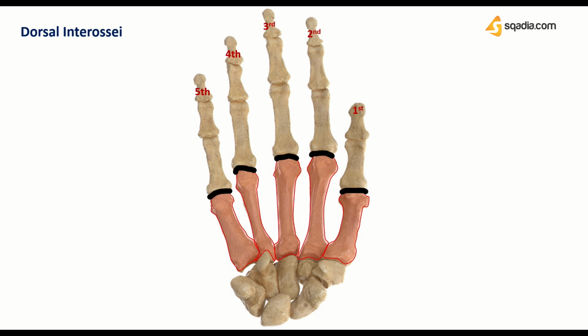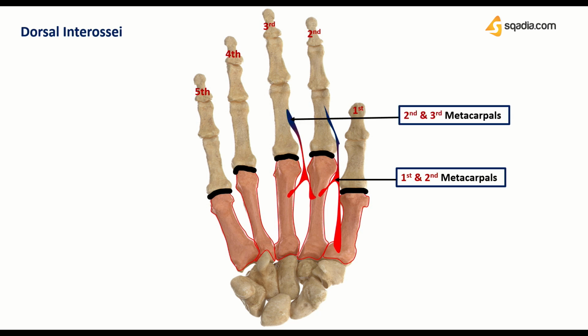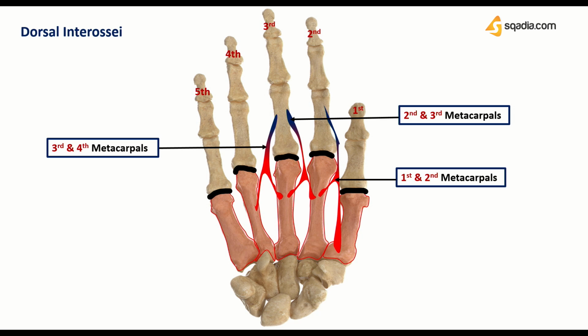We have 4 sets of dorsal interossei. The first originates from the 1st and 2nd metacarpal and inserts on the proximal phalanx. Then we have the second set, which arises from the 2nd and 3rd metacarpal and inserts on the proximal phalanx of the 3rd digit. Then we have the third set, which arises from the 3rd and 4th metacarpal and inserts on the proximal phalanx of the 3rd digit.